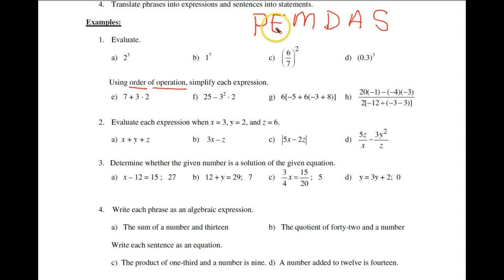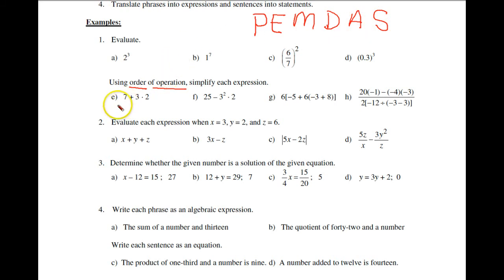Then, once we've done that, we then do multiplication and division going left to right. And if division is first, we do division. And then finally, at the very end, we do addition, subtraction. And again, if subtraction is first, we do that.